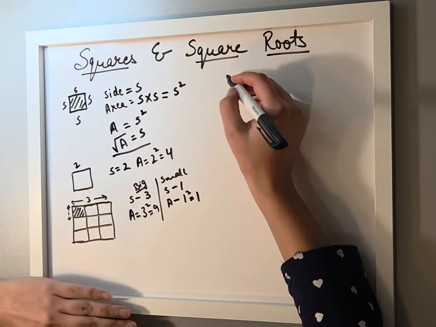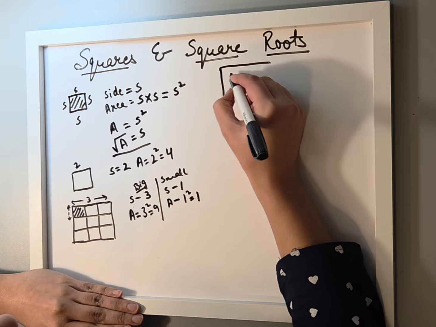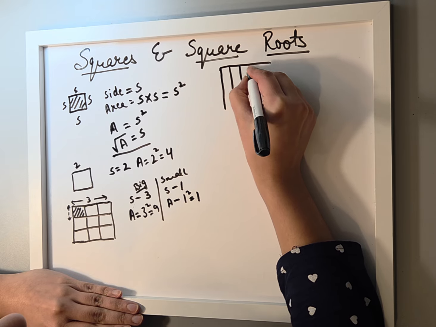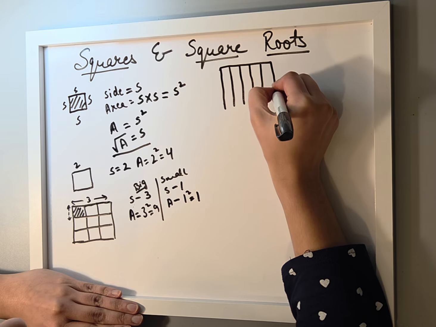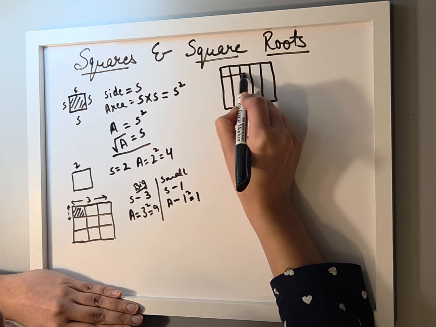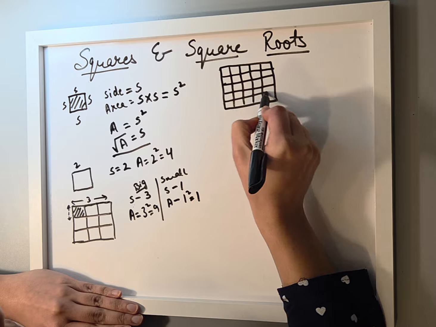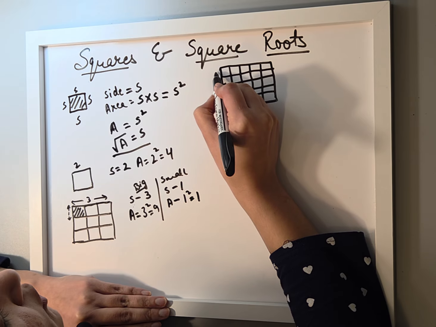If I have a much bigger square, again, what information is given to me?